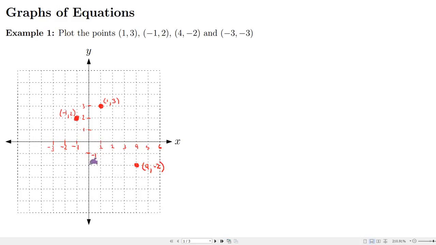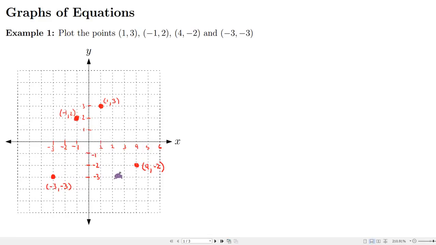If you want to label these, you can. It's good practice to at least label a few of them so we can see what the increments should be for your particular problem. If it's clear, it's not absolutely necessary, but it is a good idea to label a couple of them.